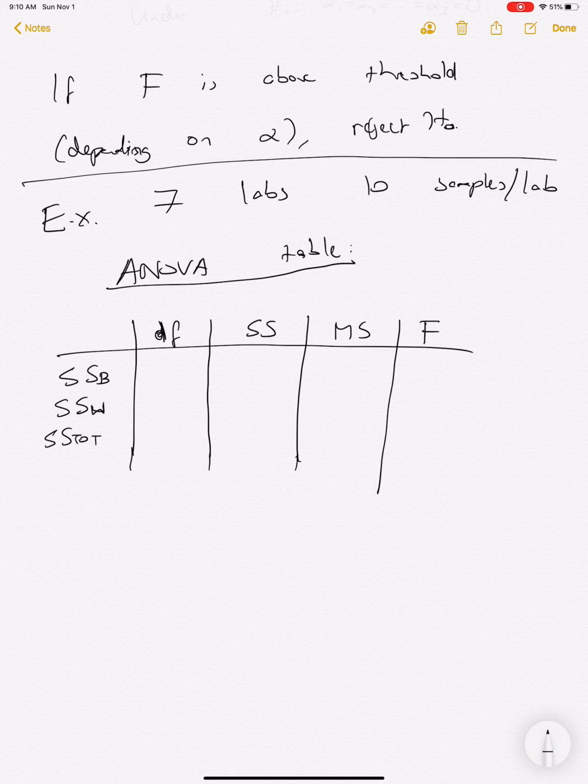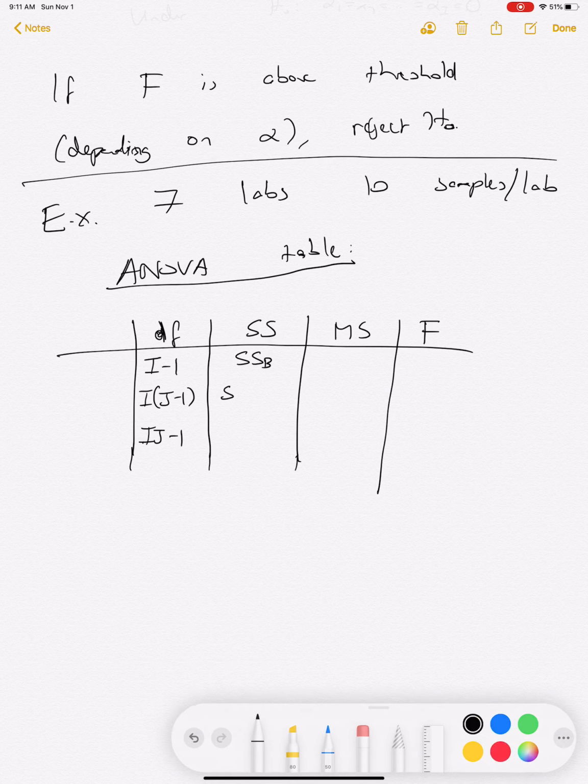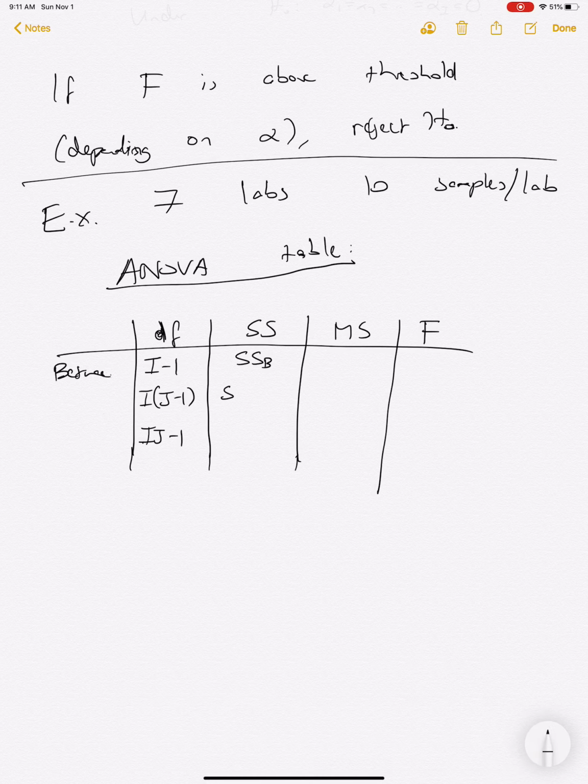And so I'm going to first talk about it in general. In general, the degrees of freedom we're going to have here are I minus 1, I times j minus 1, and then ij minus 1. Then the sum of squares: this is the between, this is the within, and this is the total sum of squares.